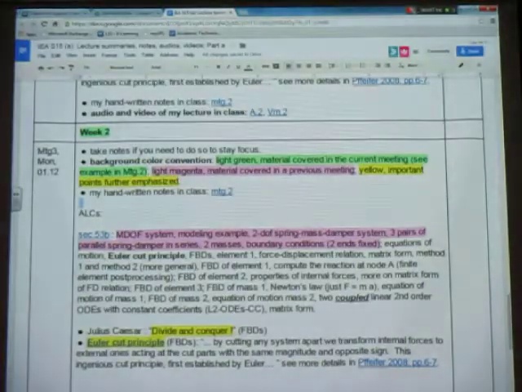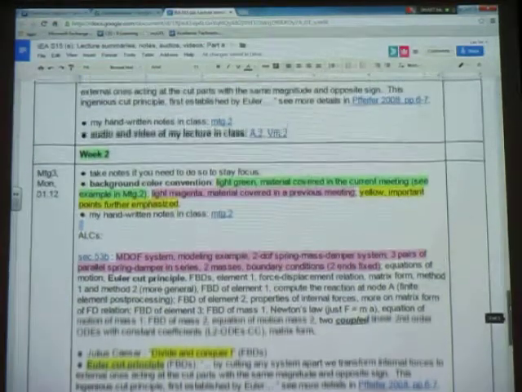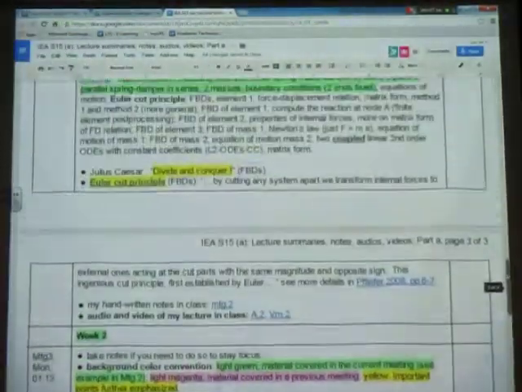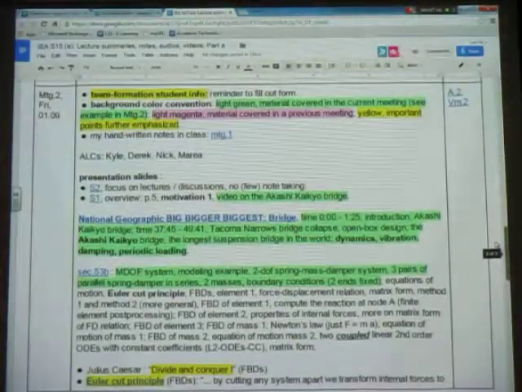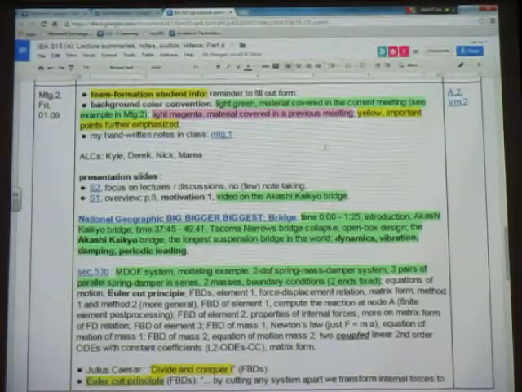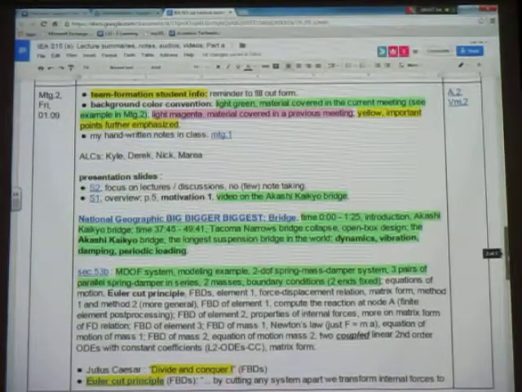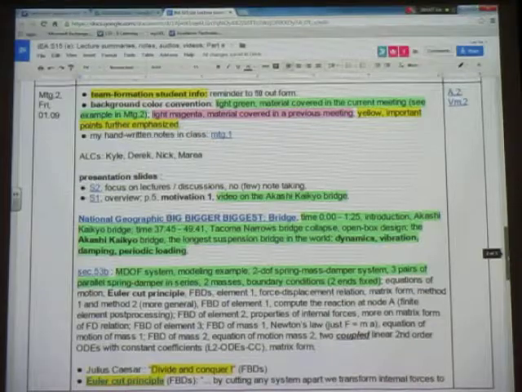And I begin by bringing up my daily lecture summary. I have put here the color background convention, but I have not had a chance to talk about that last time.